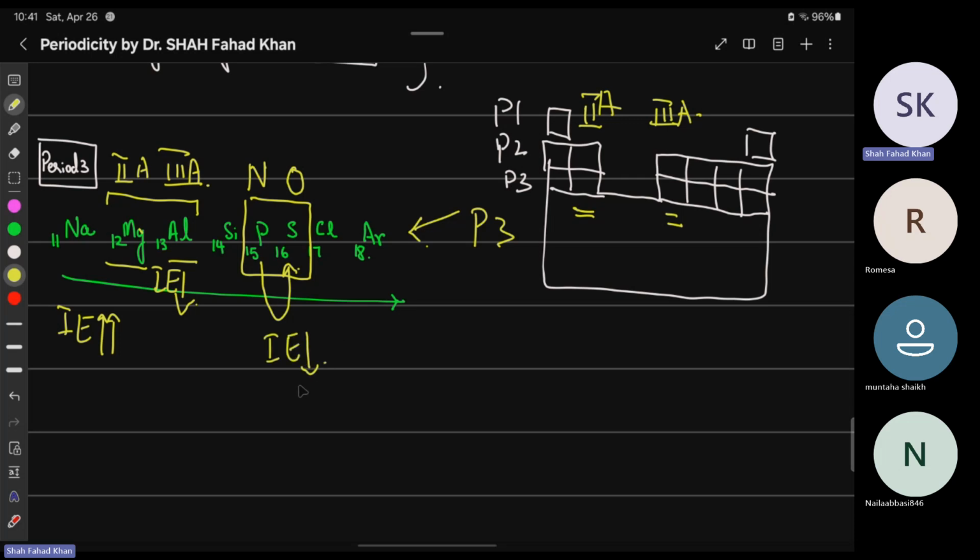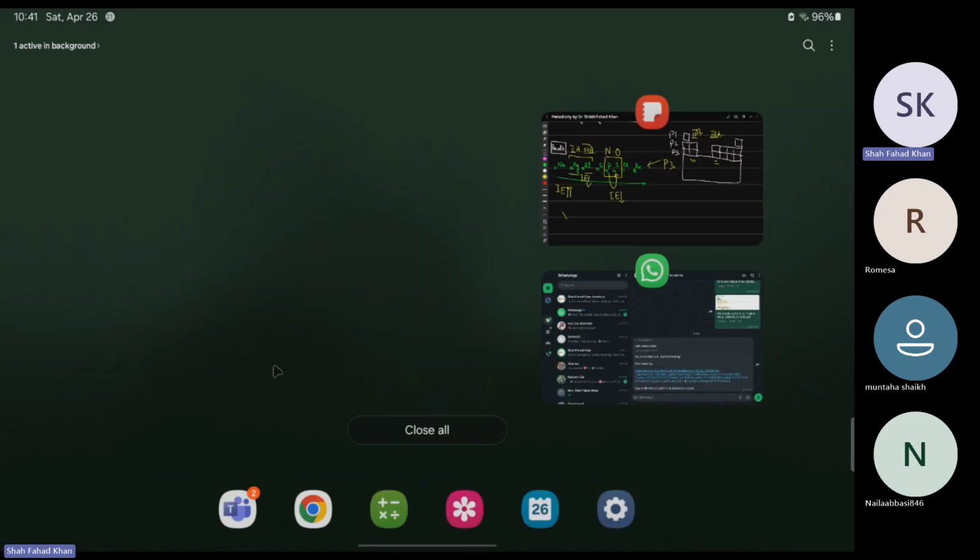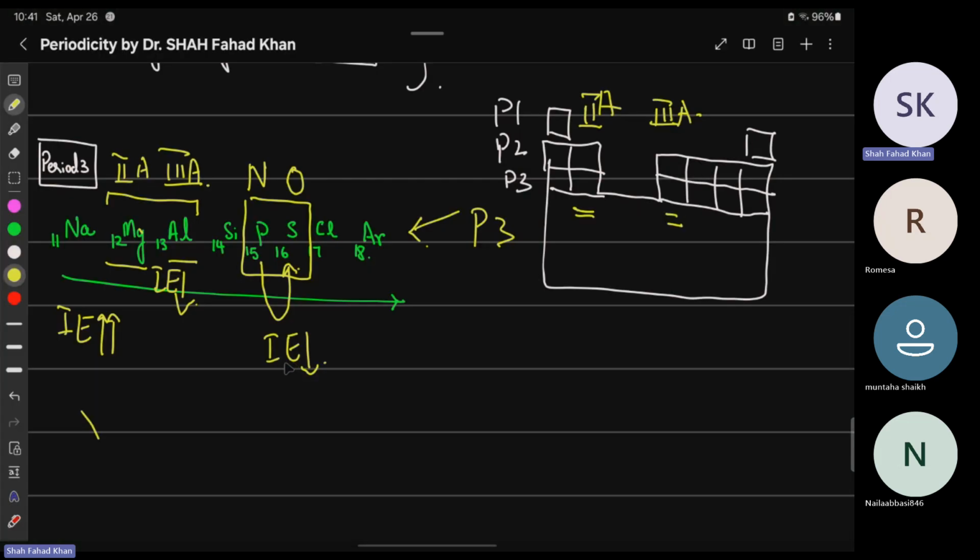Now you've studied that elements in the same group have similar chemical properties. Because magnesium and aluminum and phosphorus and sulfur show an exception to the trend, elements in the same groups but in period number 2 will also show an exception to the ionization energy trend.